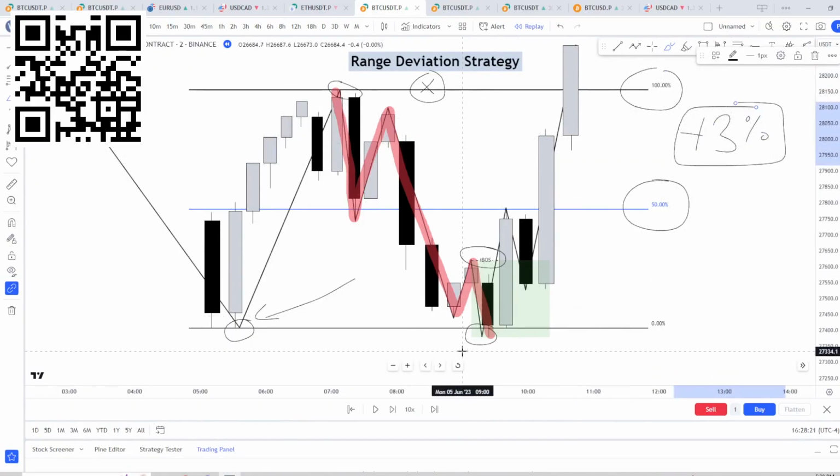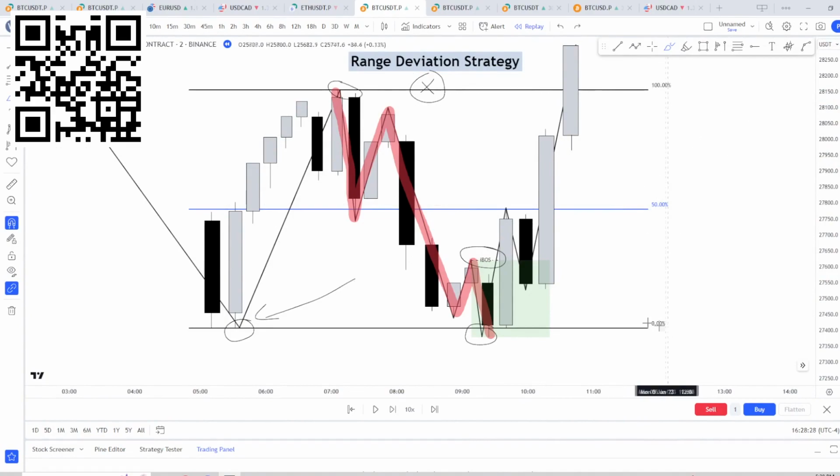Meaning that if I risk 1% on my stop loss, I'm making at least 3% on the high. And that's, of course, estimating that the stop loss would be a little bit lower than the range low, just to give it a little bit of extra room. If you were to plan the trade, most of the time, that's what it ends up being.